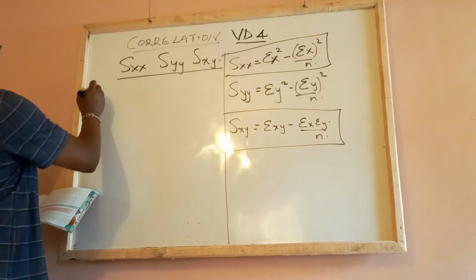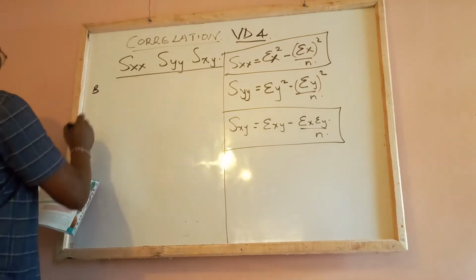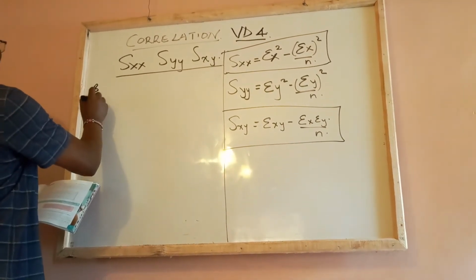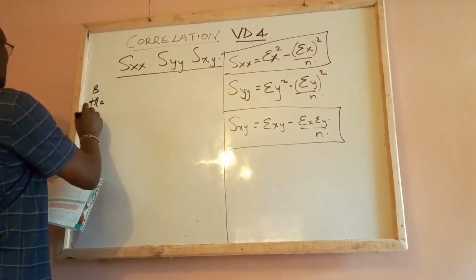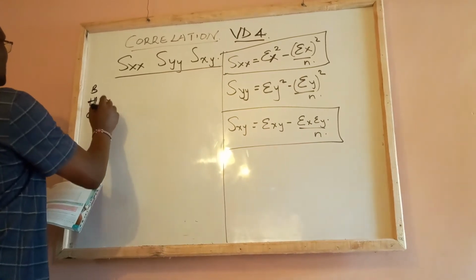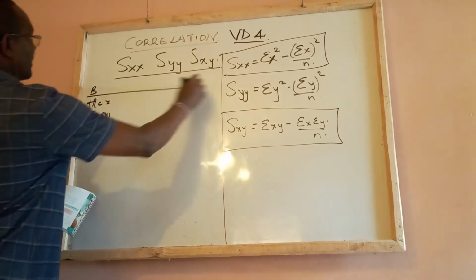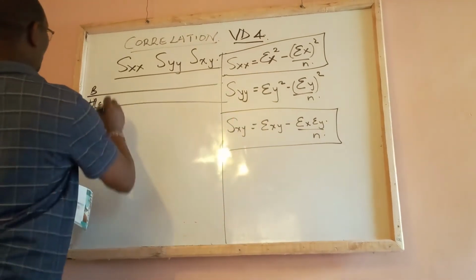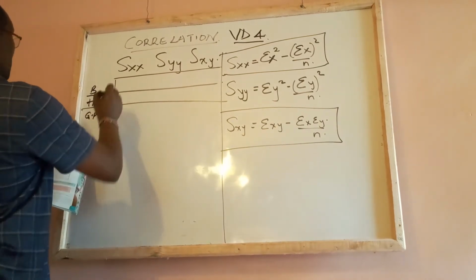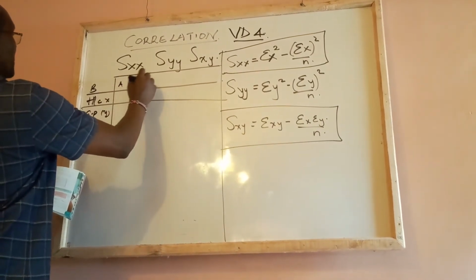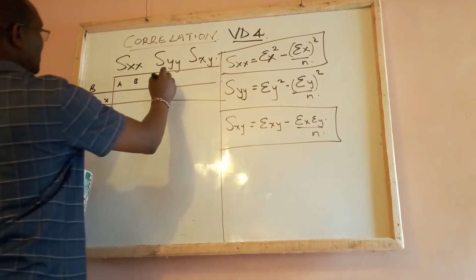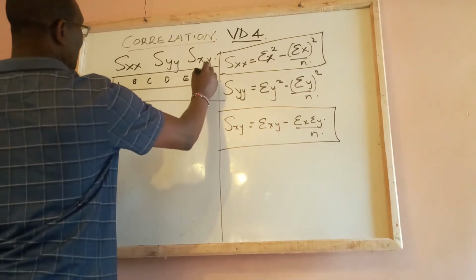We have the babies, the head circumference, and the gestation period. This is x and this is y. Baby A, baby B, baby C, D, E, and baby F.